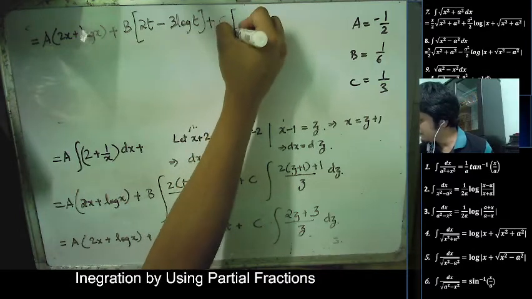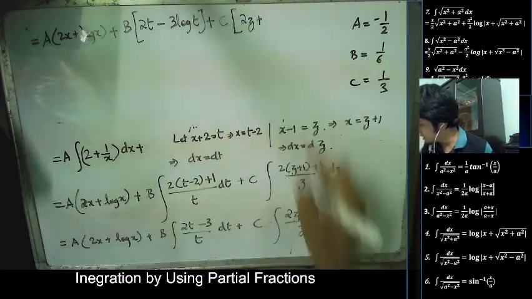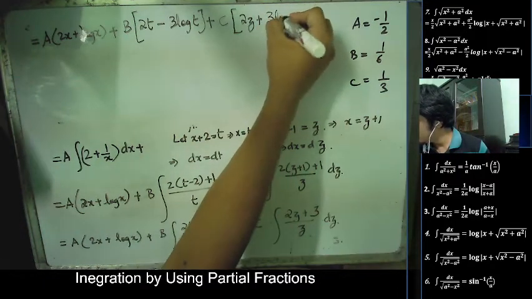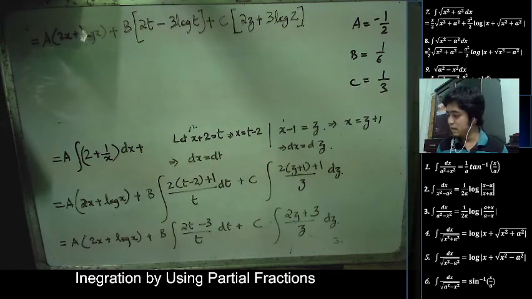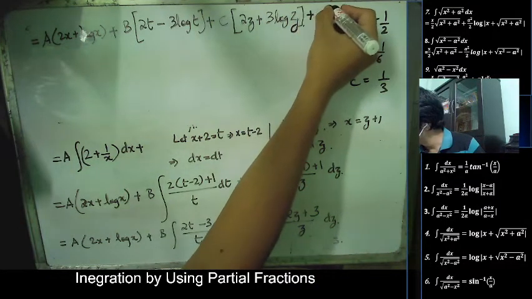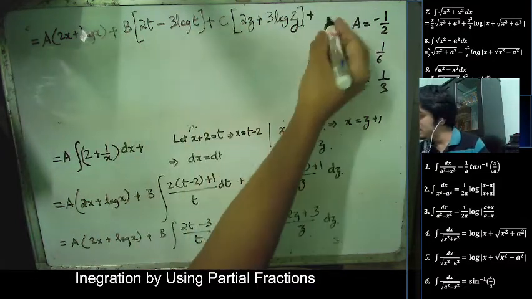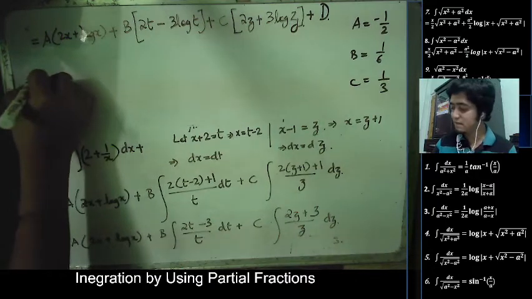Plus c. Over here we'll be having 2z plus 3 log z. And I can also put down another constant, plus d. I've used a, b, and c, so I can put d. It is a constant of integration.